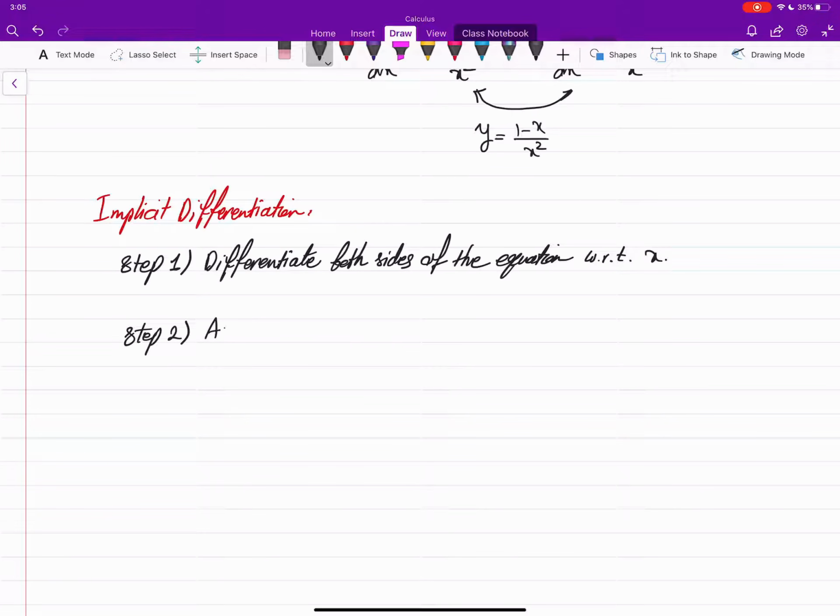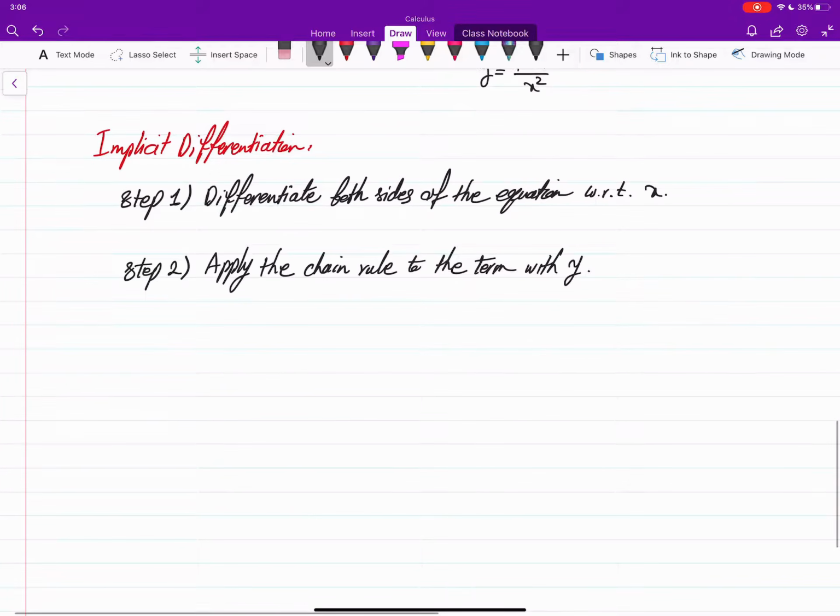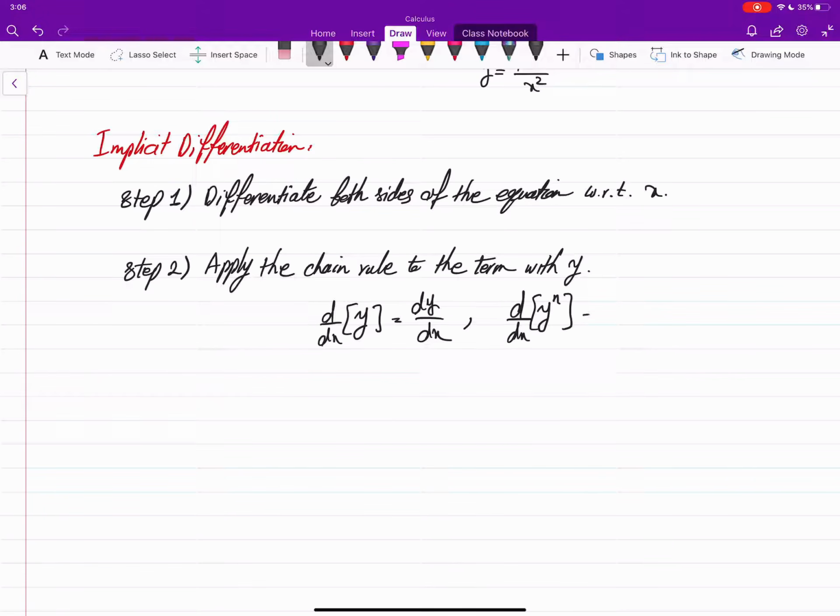So apply the chain rule to the terms with y. For example, if you have y while you're differentiating, you write what? Dy dx. That's the obvious one. But if you have, for example, y to the power n, d dx, you write n y prime y to the power n minus 1, and so on.